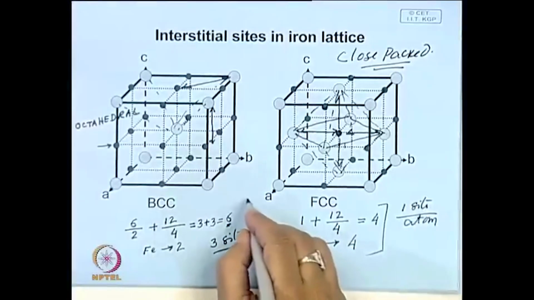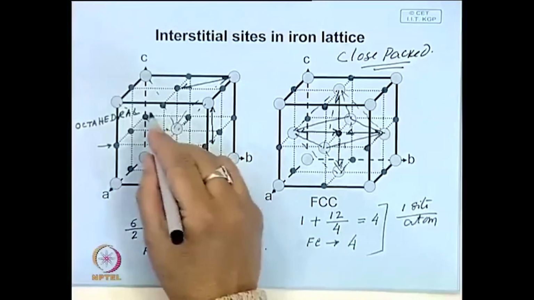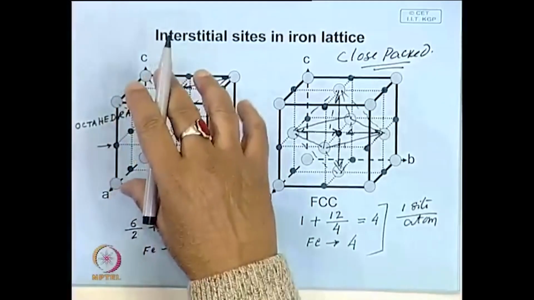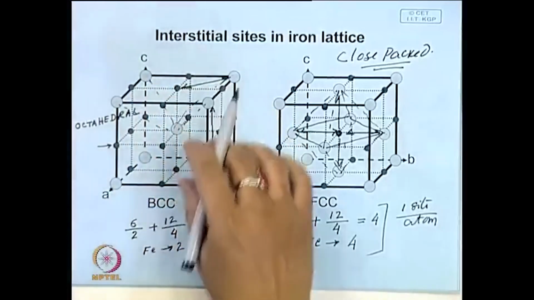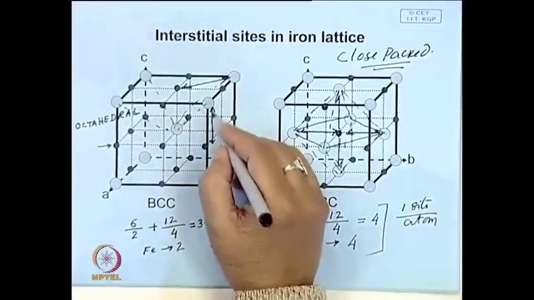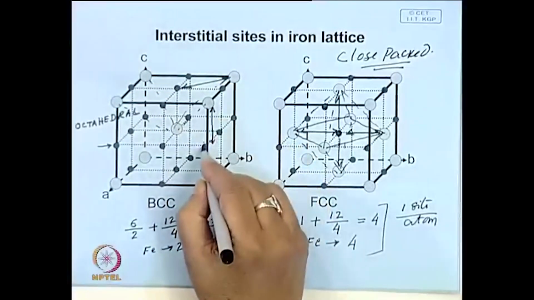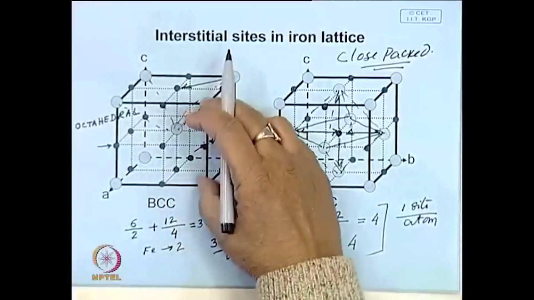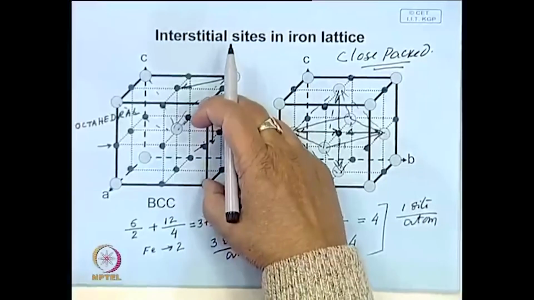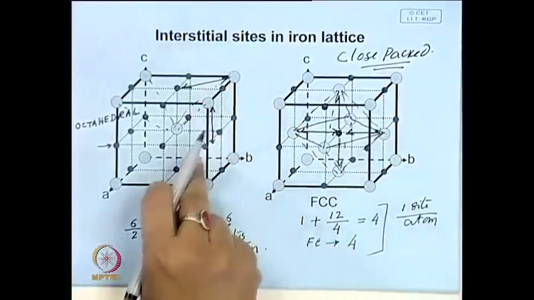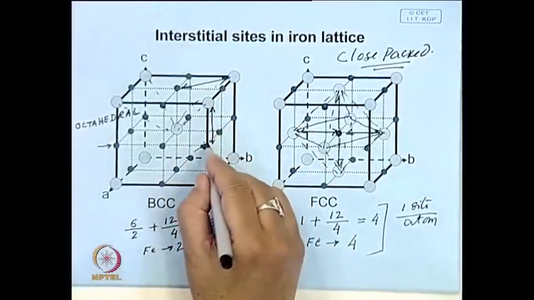So, the shortest dimension of the space matters: if a carbon atom goes here, it will push, and unless these atoms are pushed apart, it may not be able to move into the site.